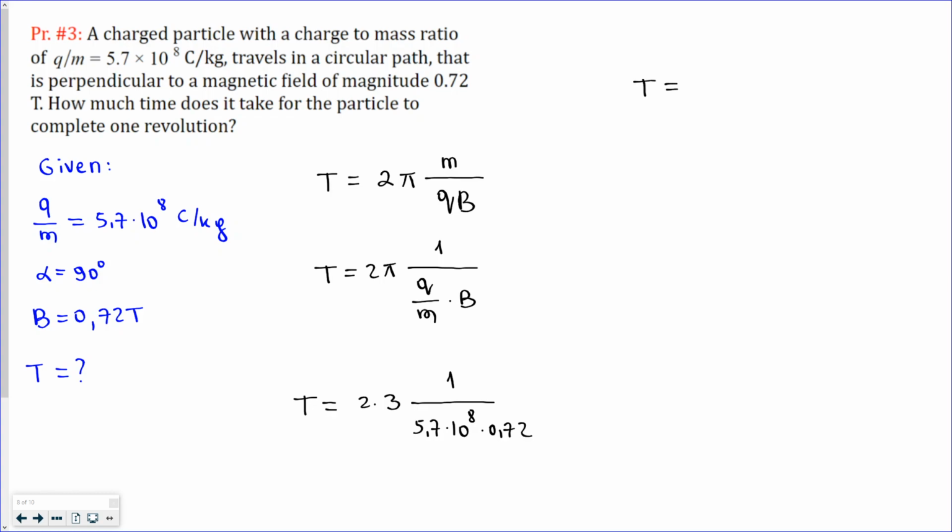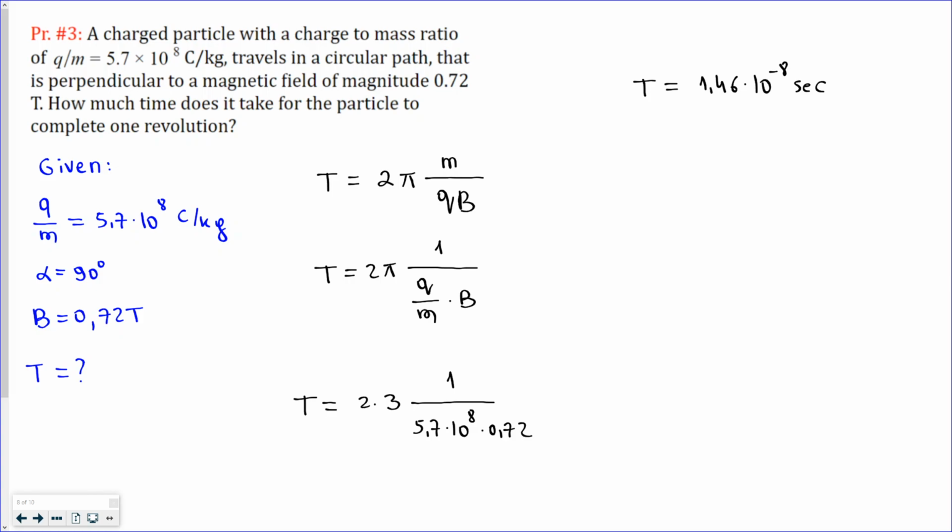The final answer is 1.46 times 10 to the minus 8 seconds. So this is very fast motion. One revolution is made in this very tiny fraction of a second.